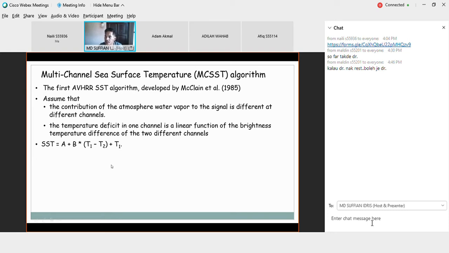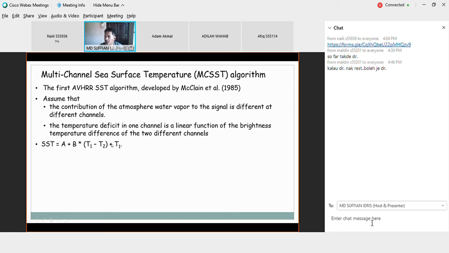So, it's a very simple algorithm, or very simple model. So, the temperature difference in one channel is a linear function of the brightness temperature difference of the two different channels.